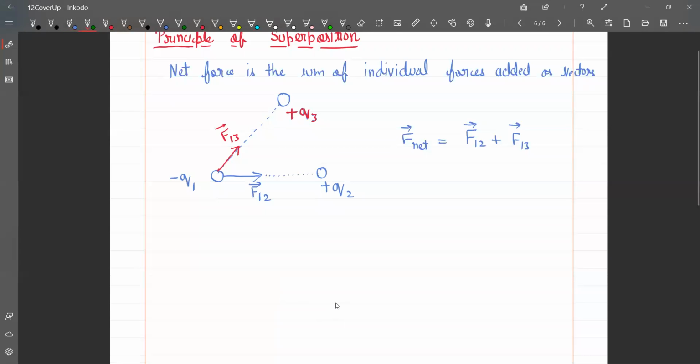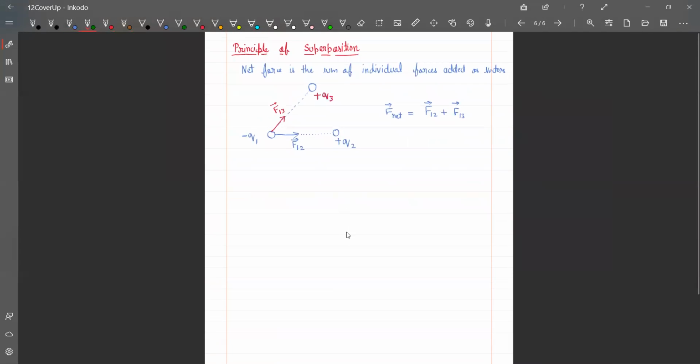In another way, we can understand this as, suppose there is a charge Q1 and many charges are applying force on it. Let us say Q2 is applying force on it. This is force on 1 due to 2. Then Q3 is applying force on it. This is force on 1 due to 3. Then Q4 is applying force on it. Call it force on 1 due to 4.